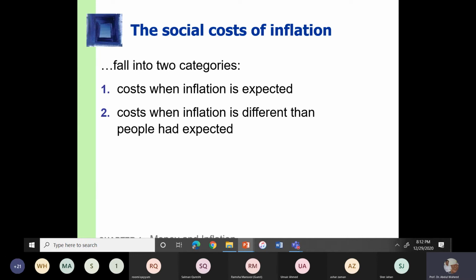If the actual inflation rate is the same as what we were thinking, then the cost of inflation would be the same. But if the future inflation rate is different from what we were expecting, then the cost will be different.